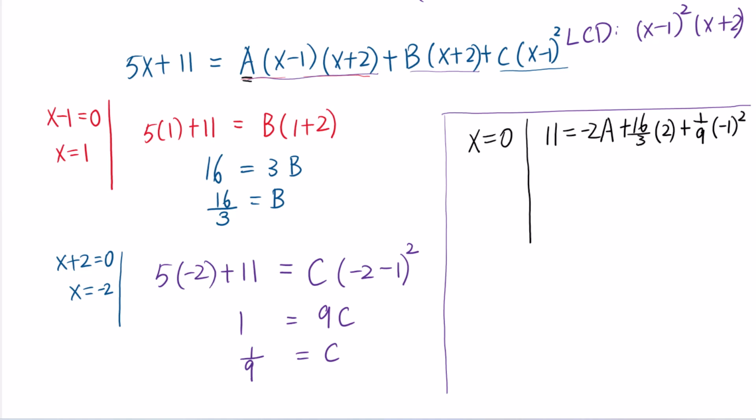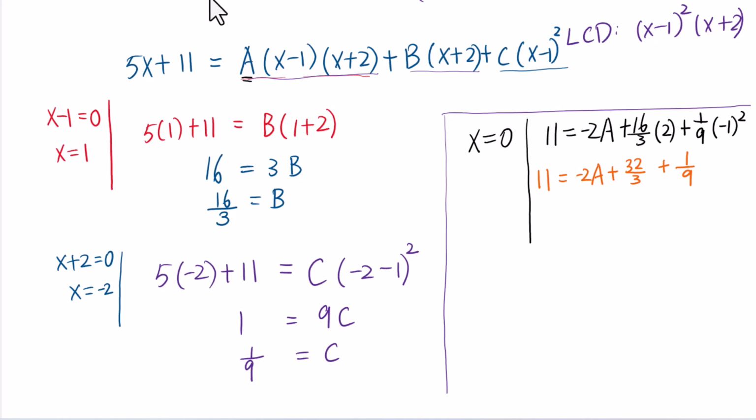Let's simplify. 11 equals negative 2a plus 32 over 3 plus 1 over 9.